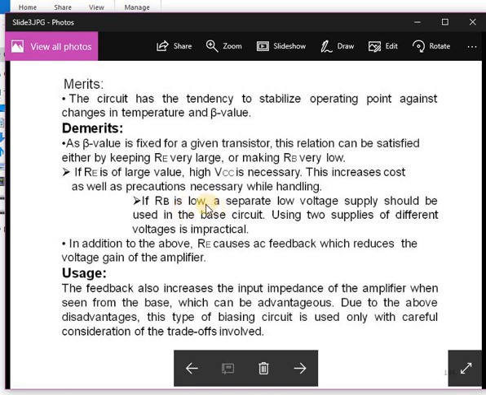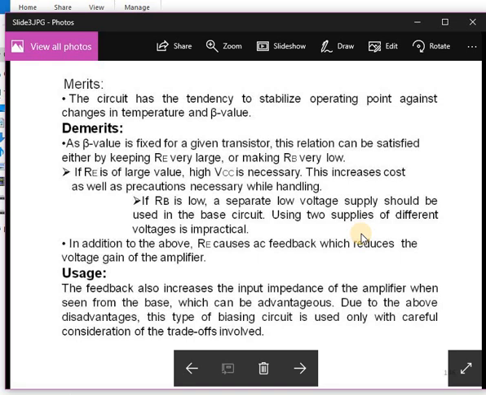Due to the reduction in base resistor RB, a separate low voltage supply should be used in the base circuit. If you want to decrease the base resistor value to some low value, it requires another voltage supply. Using two supplies of different voltages is impractical, because at the base end we connect one supply, VBB, and at the collector end another supply, VCC. This will occur when the RB value is very low.